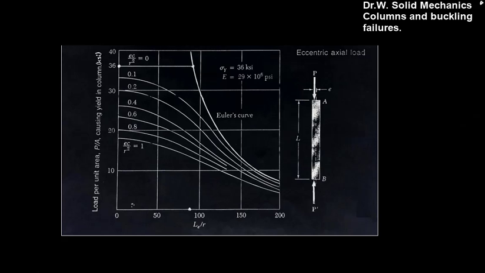Fortunately, plots have been made using the secant formula that will allow us to compute the value for P for specific materials. In this case, we're doing this for steel, where here you'll see listed the yield stress and the E value for steel. Along the bottom, we have our slenderness ratio.